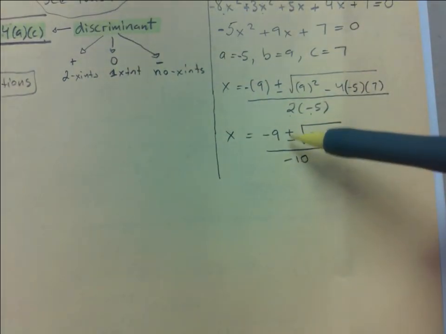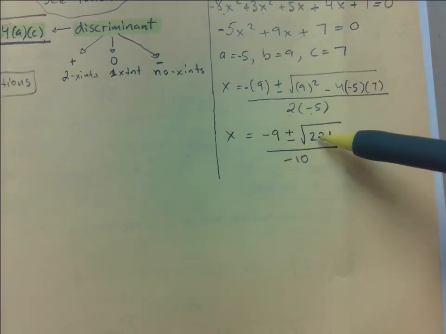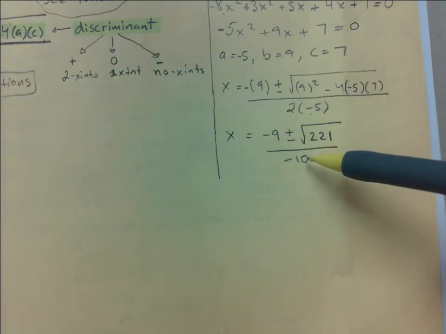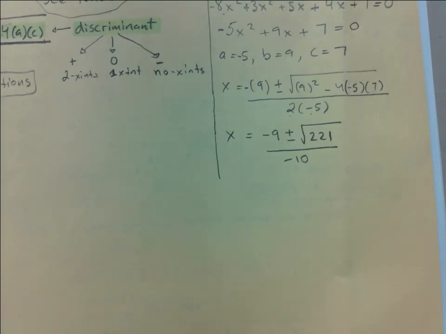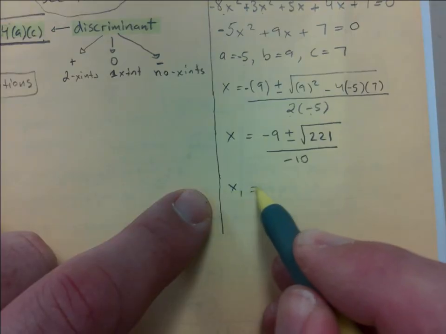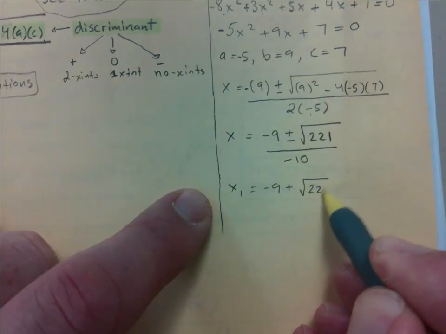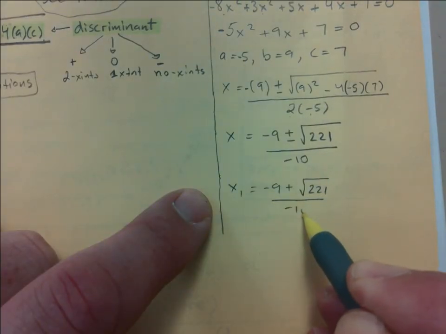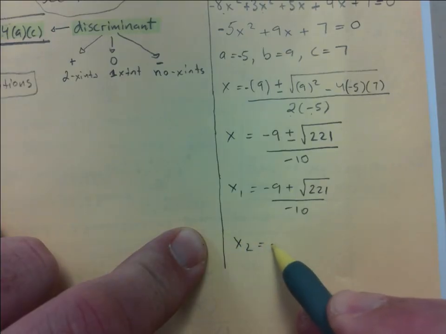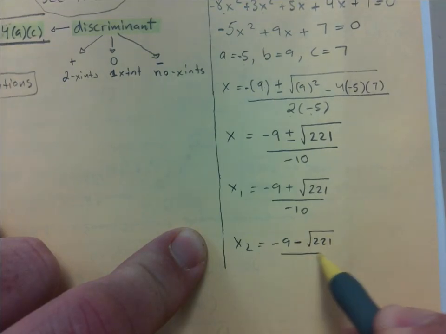Because we can go negative 9 plus this root to get one of the x-intercepts, negative 9 minus whatever is in the root to get the other x-intercept. So x1 is negative 9 plus root of 221 over negative 10, and x2 is negative 9 minus root of 221 over negative 10.